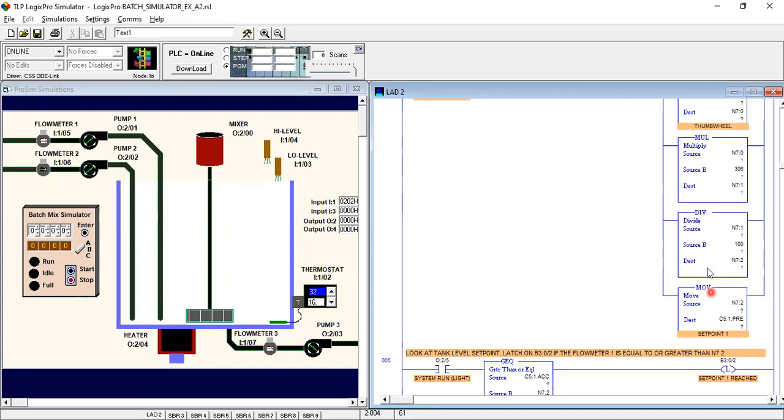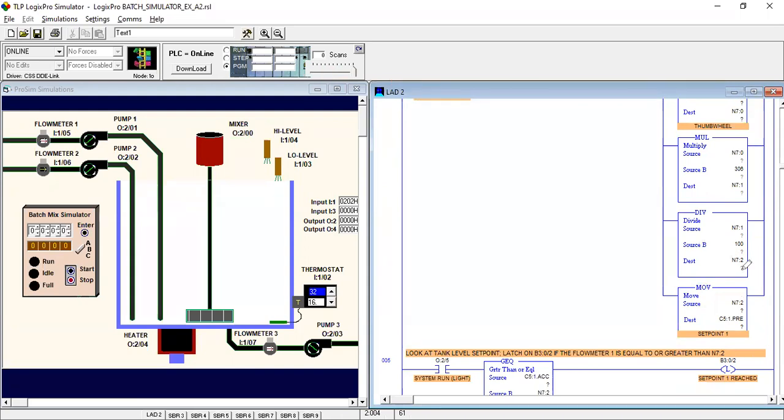After the instruction, in parallel, you can connect the move instruction. The move instruction moves the values.